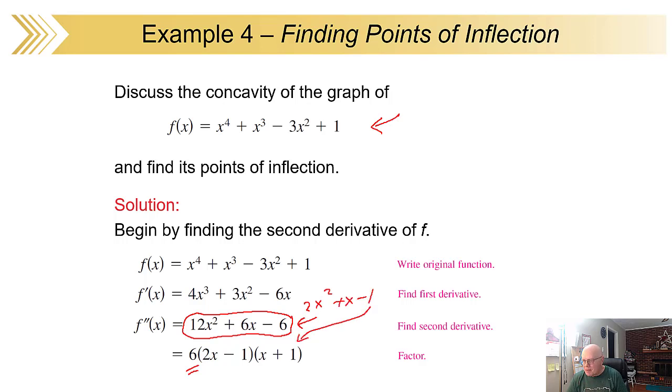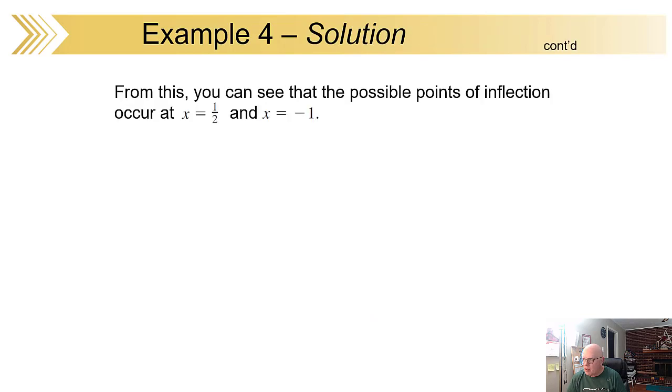Factor that, and this is what you're going to be working with. Set those equal to 0, and here are your two possible points of inflection, derived from the second derivative, set equal to 0.